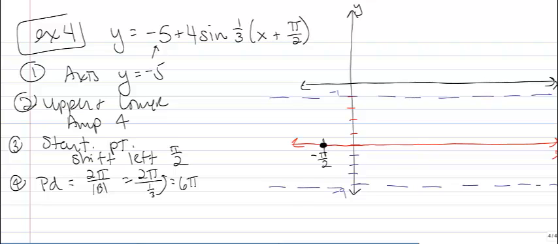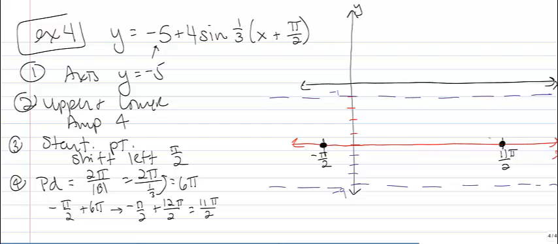So if we already have negative pi over 2, plus 6 pi, well, you can rewrite that as negative pi over 2 plus, with a common denominator, 12 pi over 2. We're looking at 11 pi over 2. That's our ending spot. So let's go ahead and mark it there. Great. All right, so we have a starting and ending.